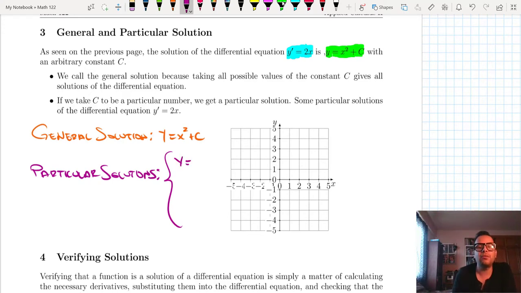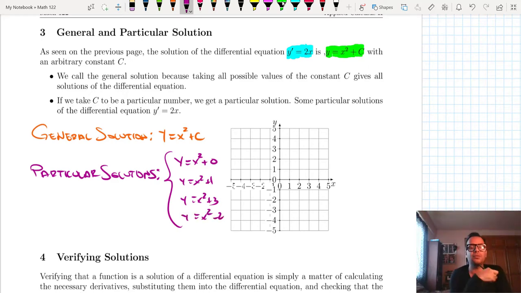For example, y equals x squared plus 0, y equals x squared plus 1, y equals x squared plus 3, y equals x squared minus 2. Those are particular solutions. So what are we getting here? Here we are getting a family of solutions. And here what do we have? Specific members of the family given certain conditions. We are going to talk about those conditions that give rise to particular solutions.